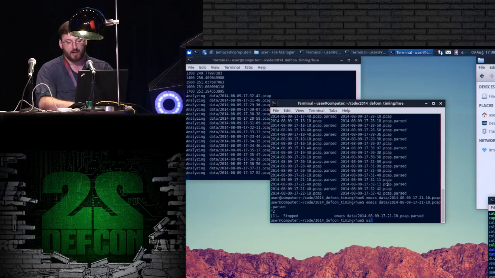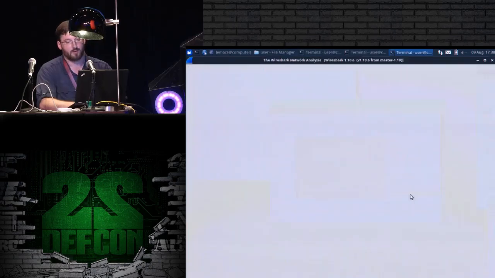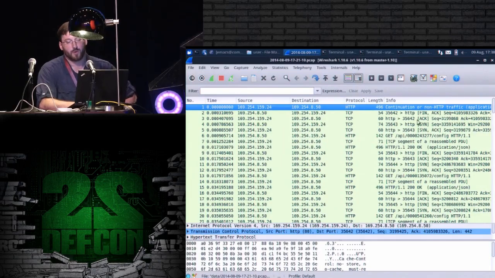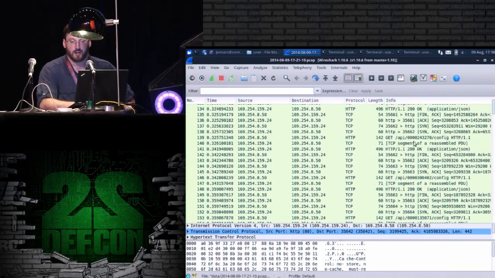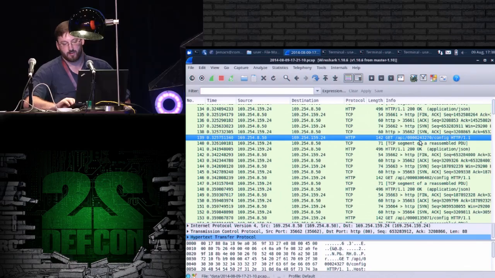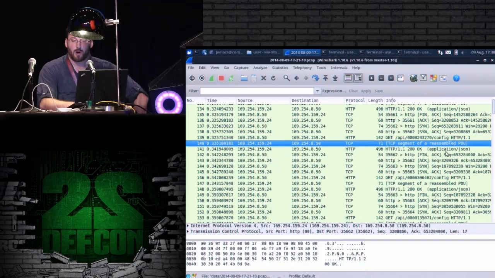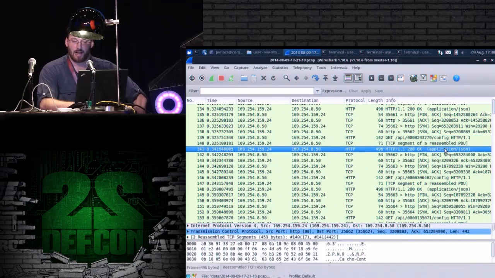If we look at the raw data with Wireshark, we can see the conversation that I was telling you about with the device here. We send a GET request, we get back one part of a packet, and then we get back the rest of the packet, and then we have some other network connection handling. The device doesn't know how to keep the socket open, interestingly.